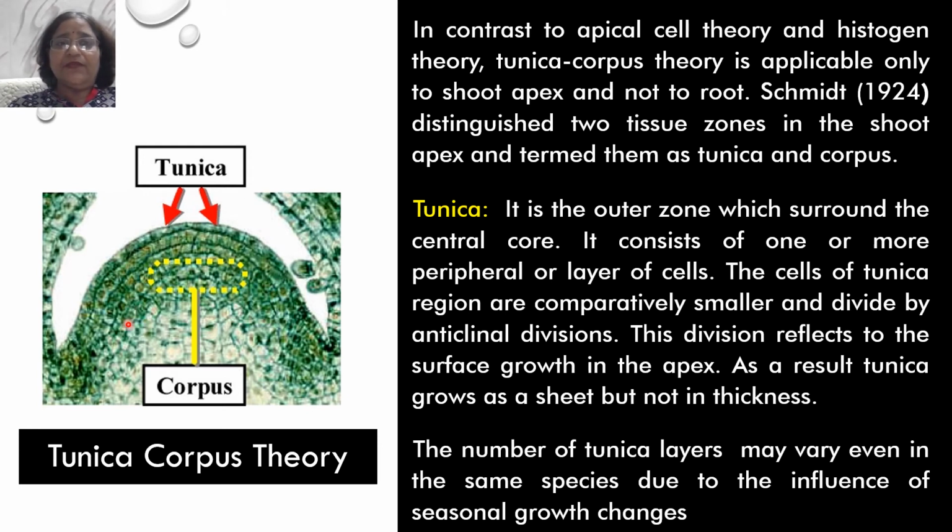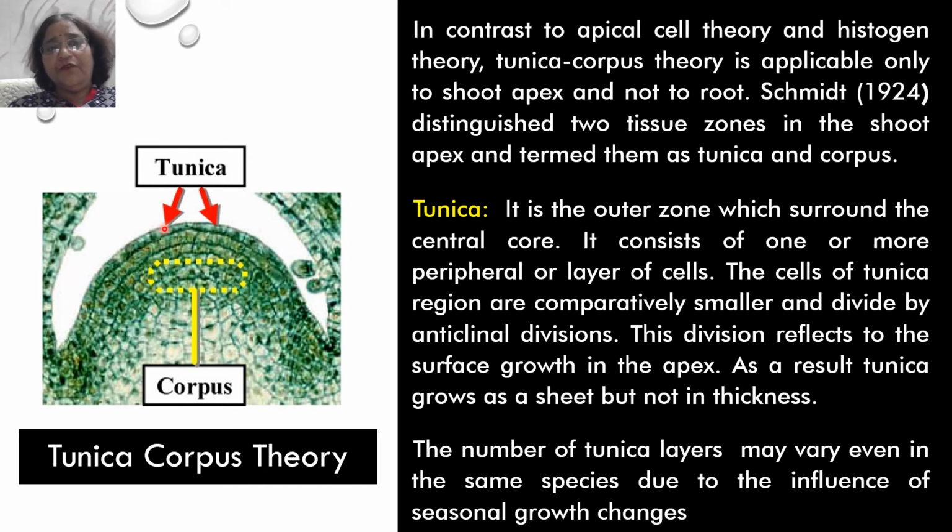The cells of the tunica are generally smaller in size. This division reflects the surface growth. As a result, tunica grows as a sheet. So it grows as a sheet, as a circumference, as a covering layer.